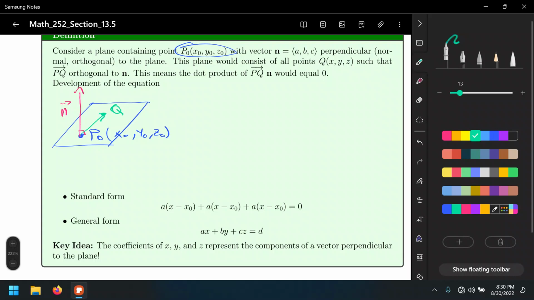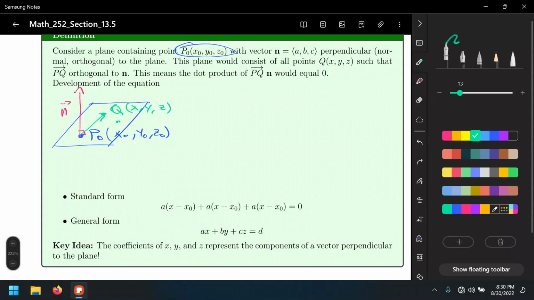And the second vector Q, which is any x, y, z. That's the variable point, and it could be anywhere on the plane. I mean, it could have even been here, all right? That point Q. And do we still agree that these two vectors are orthogonal regardless of the position of that arbitrary point Q? Okay?